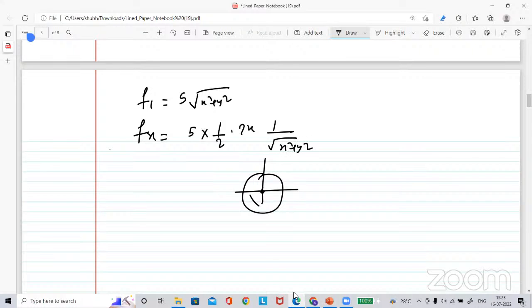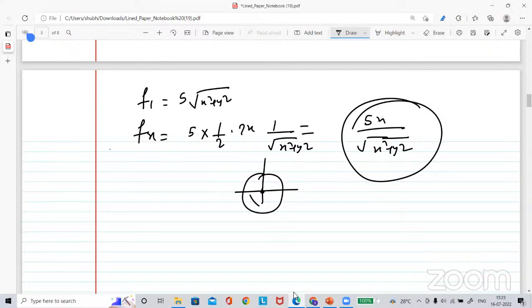So this is 5x upon root over x square plus y square. The problem is that it will create problem at 0 0. Similarly for y, it will give the same 5y upon root over x square plus y square.